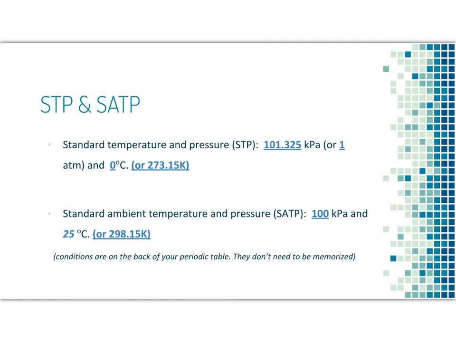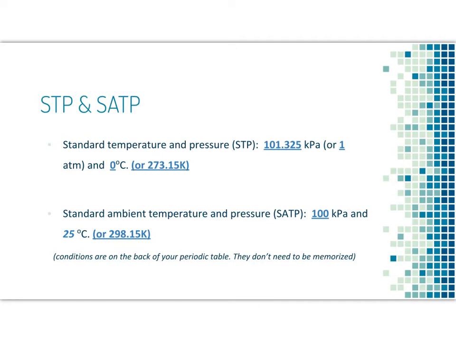STP and SATP are just standard conditions. So to measure states or specific properties of everything, we've defined two specific conditions so that scientists everywhere could replicate the same experiment without having to get really fancy, basically. These are actually listed in your defined or exact quantities, so just above where we found those unit conversions. You don't need to memorize them.